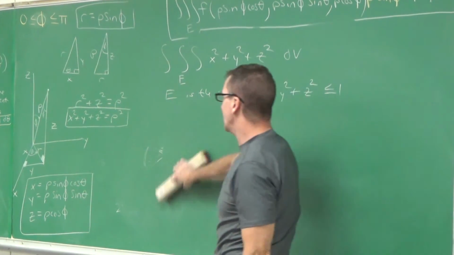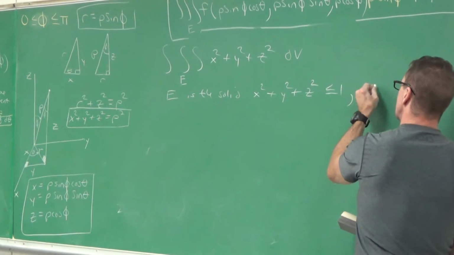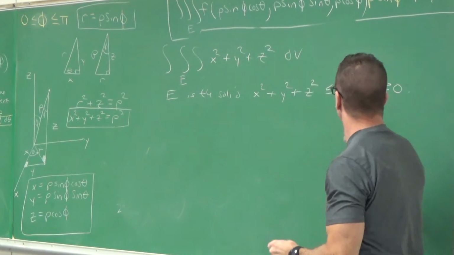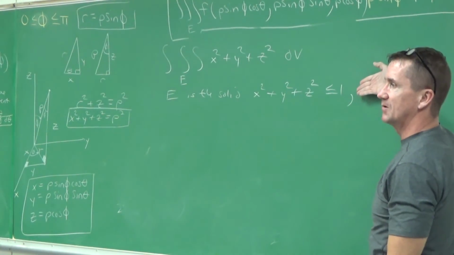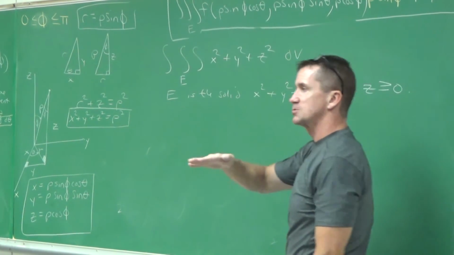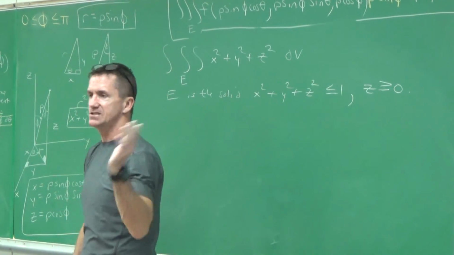And I didn't want your eyes to miss this comma. What does that mean? If our eyes miss this, we're going to set up the problem incorrectly. That means this solid has to be above the xy plane. Okay? Has everyone got that?